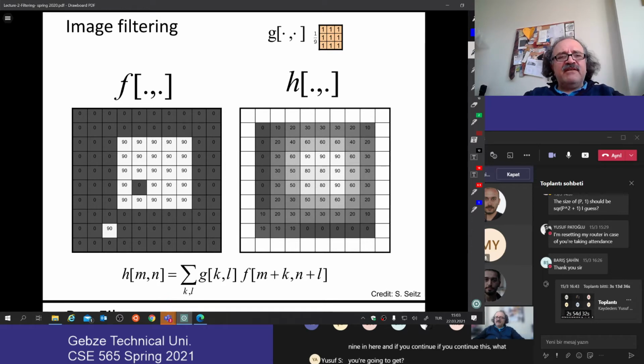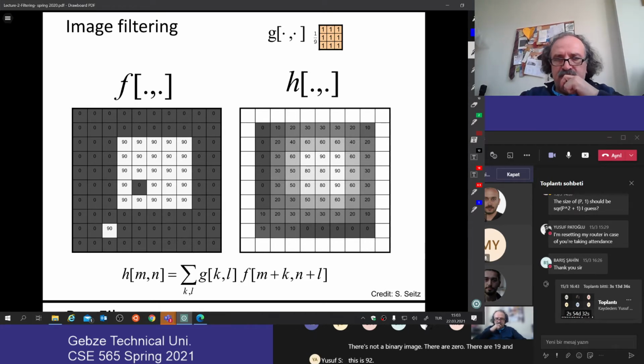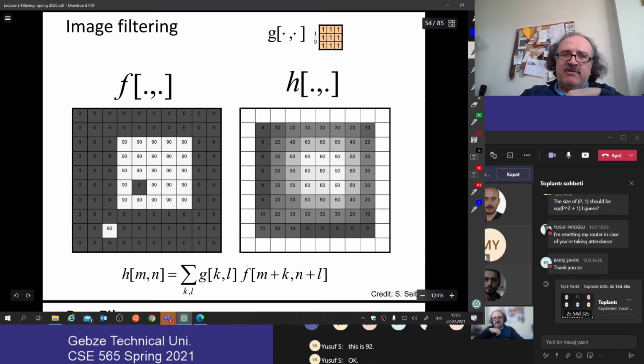You see the effect? In this case, this is not a binary image. There are zeros, there are 19s, and this is 92. If I apply this averaging filter on this one, as you see around here, I didn't define anything.